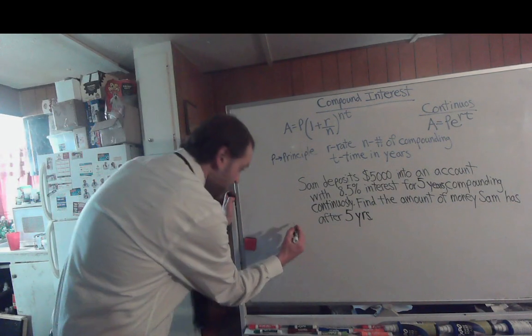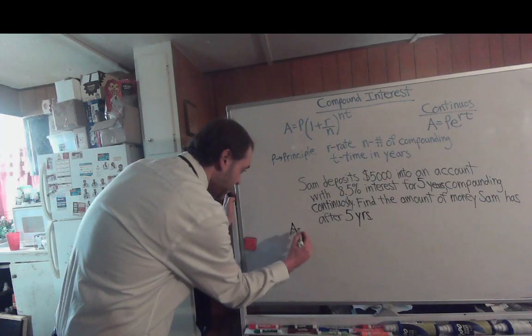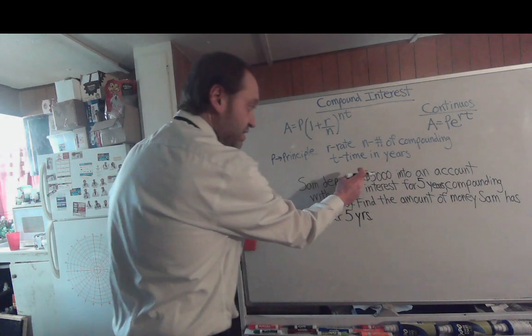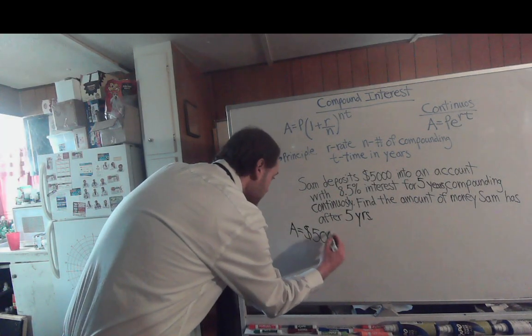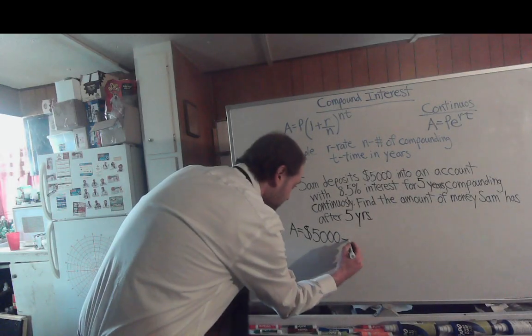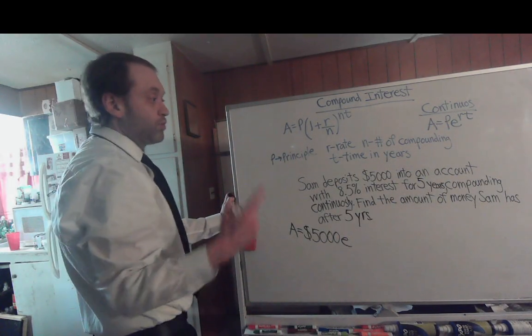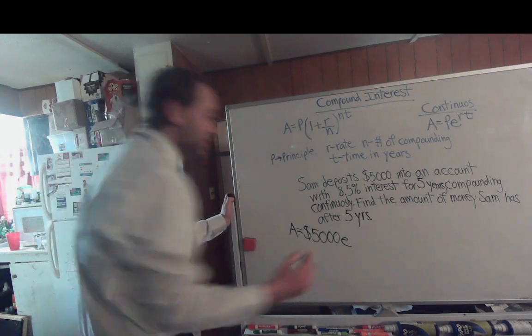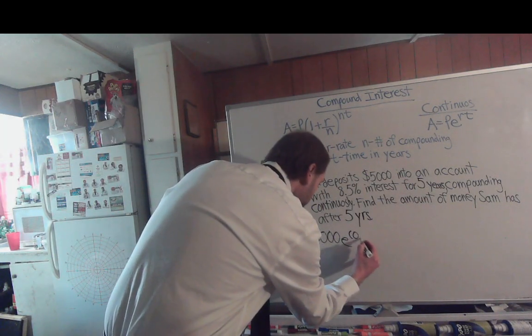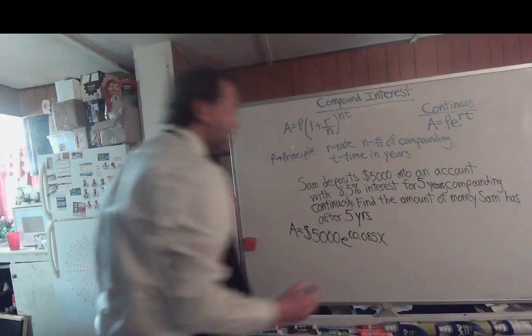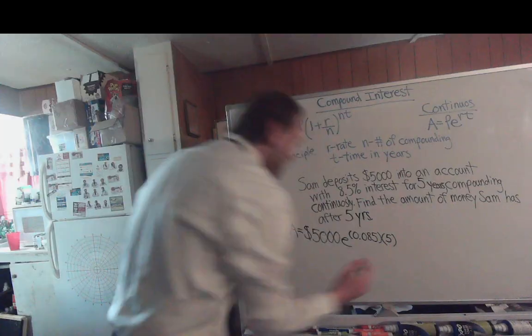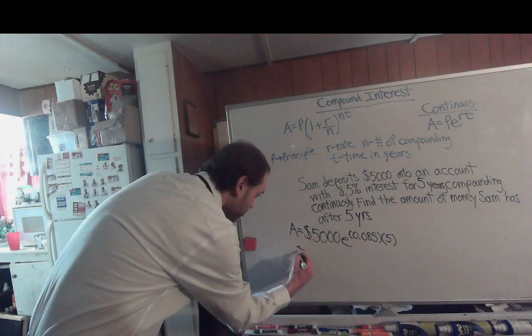So the amount he's going to have, of course, A, equals that initial principal, which he invested, of $5,000. Then, of course, you have that e. And then the rate is still 8.5%, so that would be to the 0.085 power times the power. The time is 5 years, so that'll be times 5. And then we can get a decimal approximation.